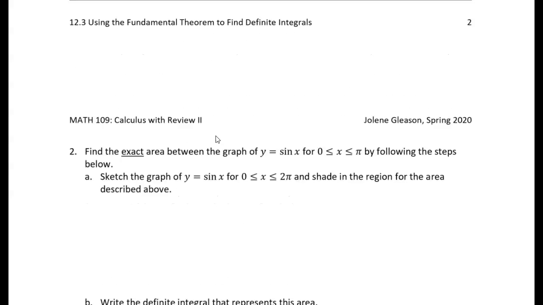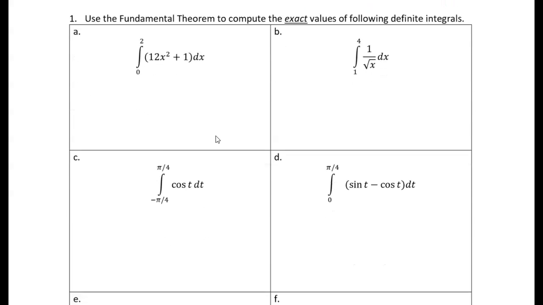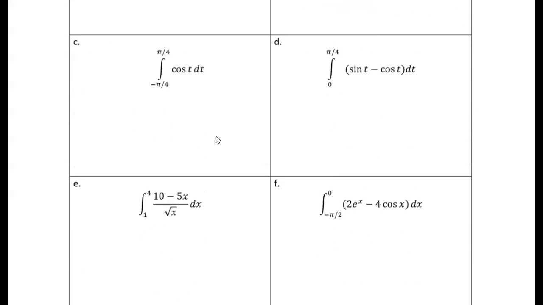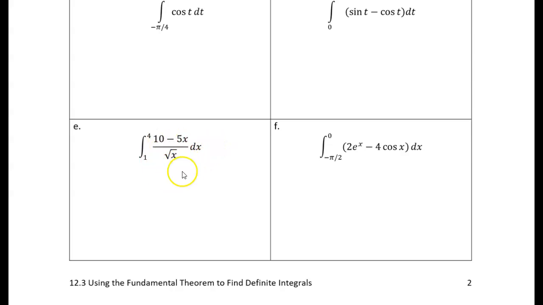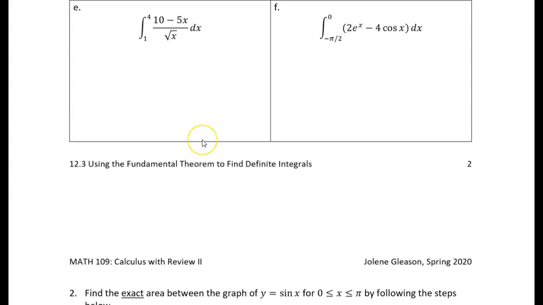There are a couple of things to make you aware of. Some of these you probably need to use the reverse power rule on, so you might want to manipulate the expression. This one with the number e is one where you're going to have to do a little algebra before you can use the reverse power rule on it.